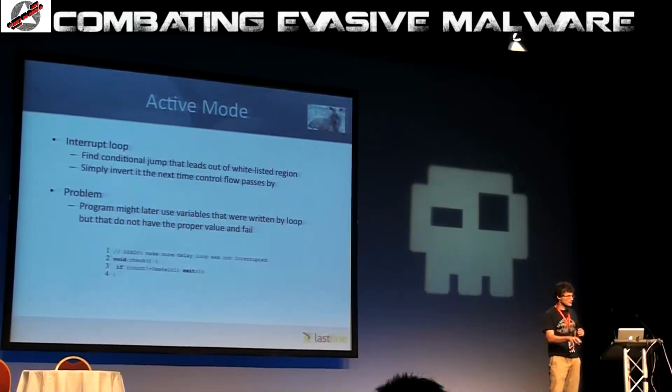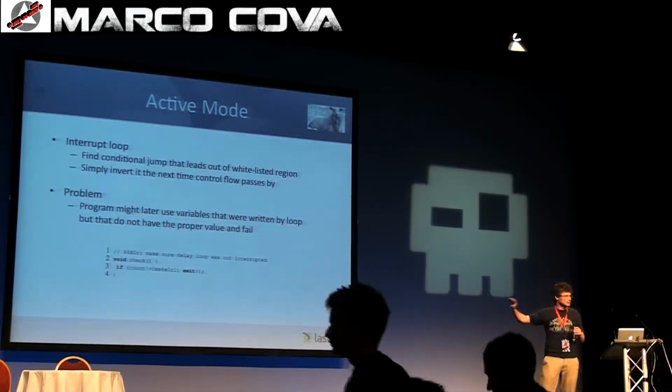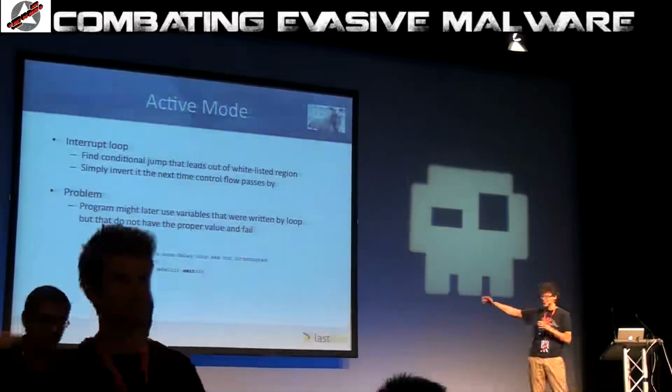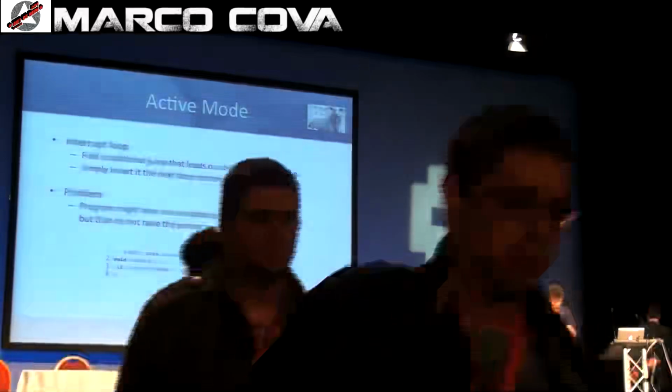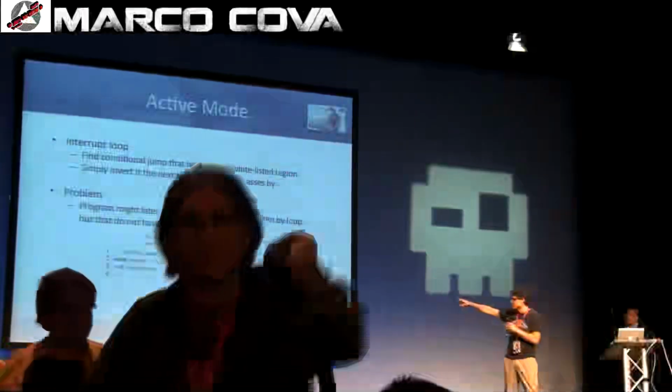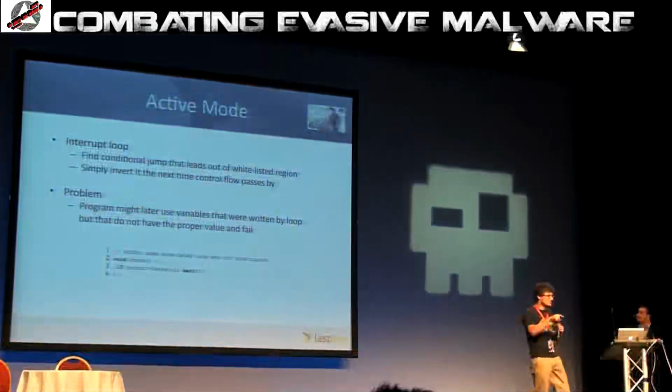So one way that we actually see in malware is that inside the loop they do some computation. For example, they may have a counter that counts how many times the loop has been taken. And outside of the loop, they check if that counter variable has a specific value, because they know that's the number of times the loop should have been taken.